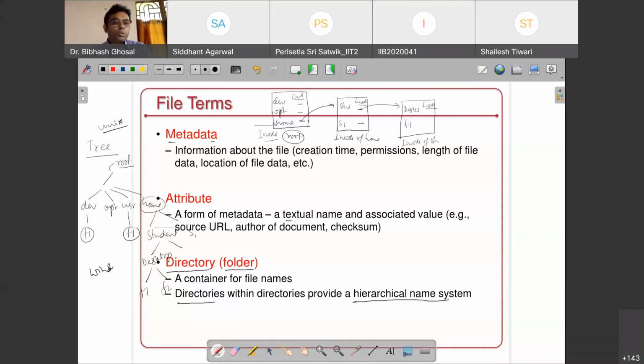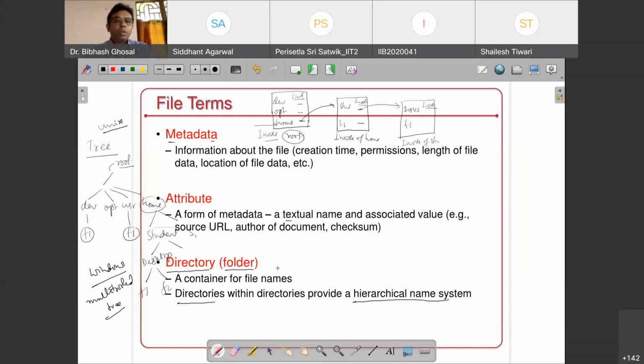Windows is a multi-rooted tree. It uses different kinds of hierarchical names. It has a separate name for the devices like C, D, E, which is different from the usual Unix way of naming the different directories.